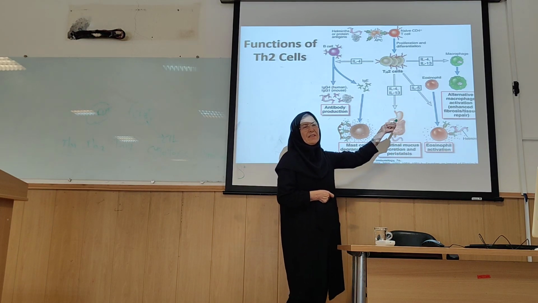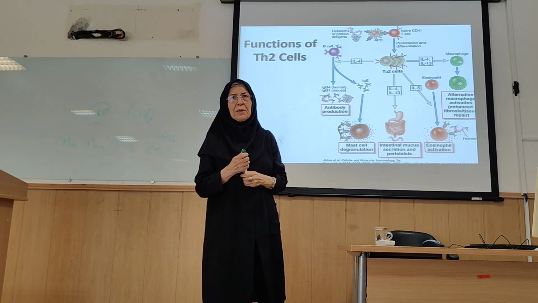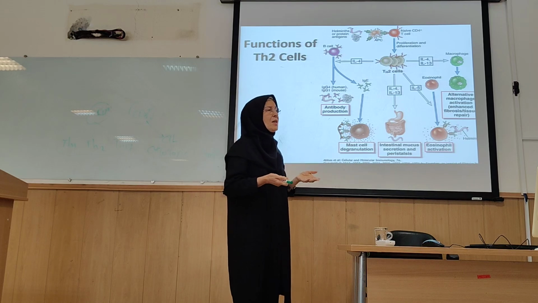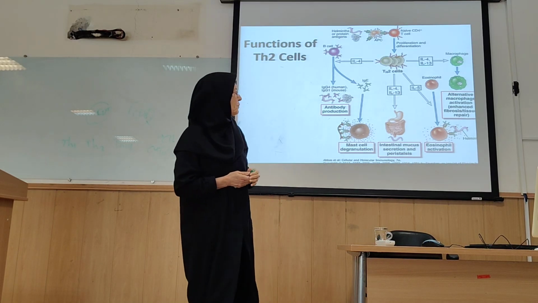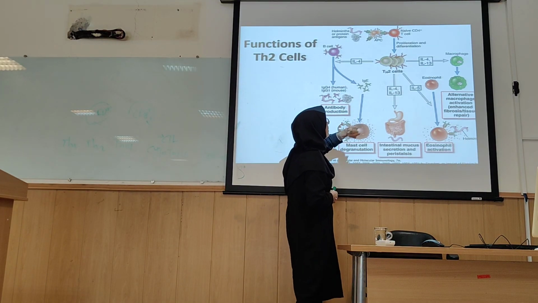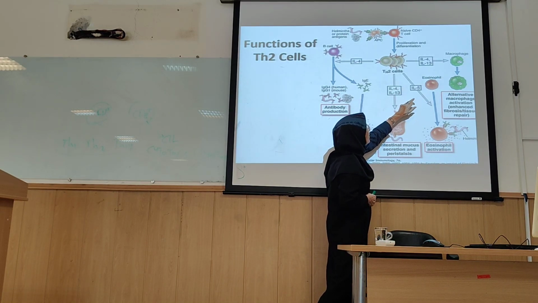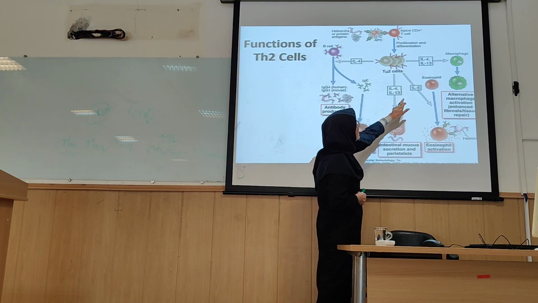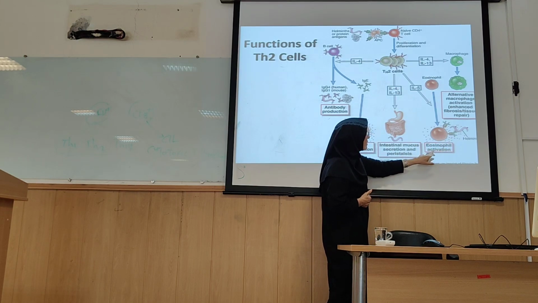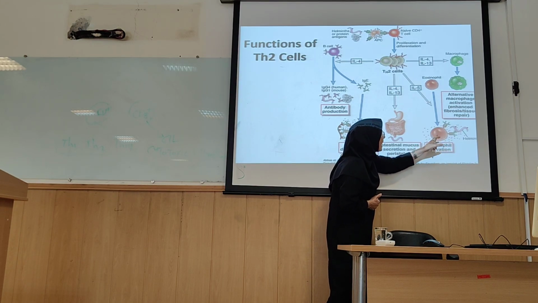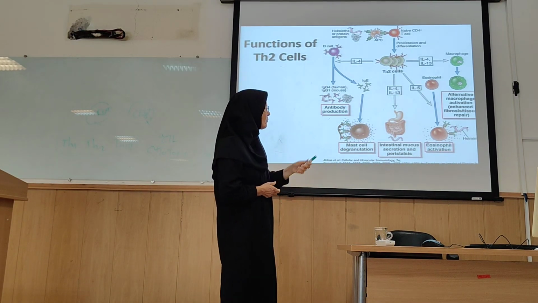Fibrosis is a mechanism for tissue repair; we have fibrosis after tissue damage. And another function of T helper 2 cells, by producing IL-5, is the activation of eosinophils to kill the helminths. Eosinophils are activated, they degranulate, and in this way they can kill the helminths.